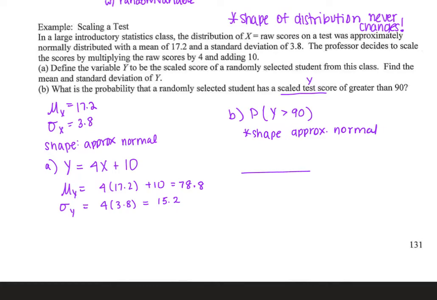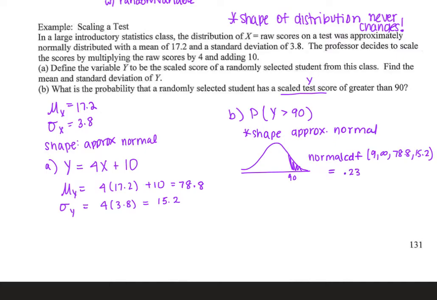So I'm going to draw the picture here. Greater than 90 somewhere over here. I'll use normal CDF from 90 to infinity, 78.8, 15.2. I'm using the mean and standard deviation from y. And when I do that, I get 0.23.